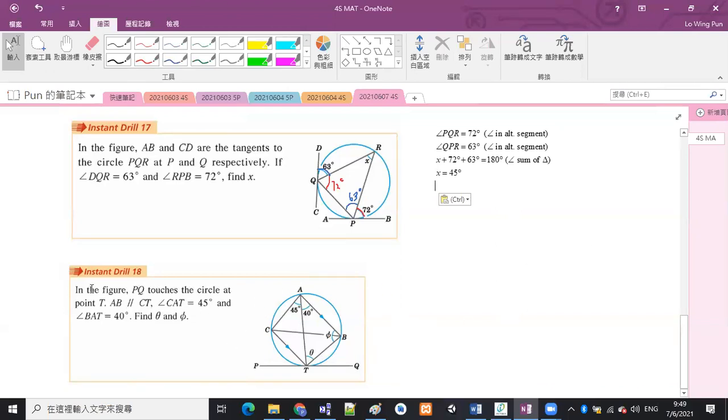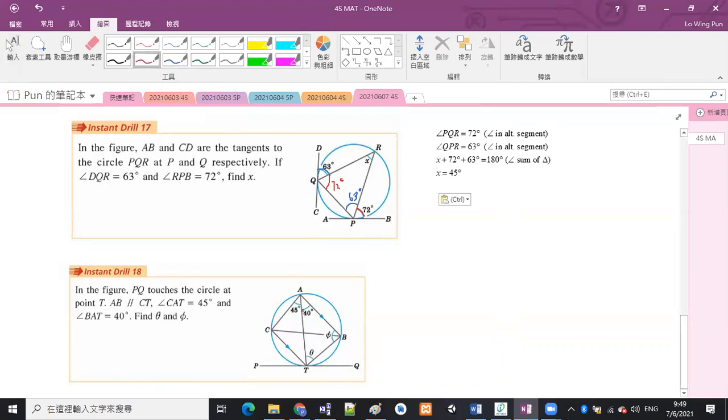So we have PQ being the tangent of the circle at T. And then we have a pair of parallel lines, AB parallel to CT. Okay, and then we have 45 degrees and 40 degrees. The question asks us to find theta and phi. So I'm going to use the parallel lines first.